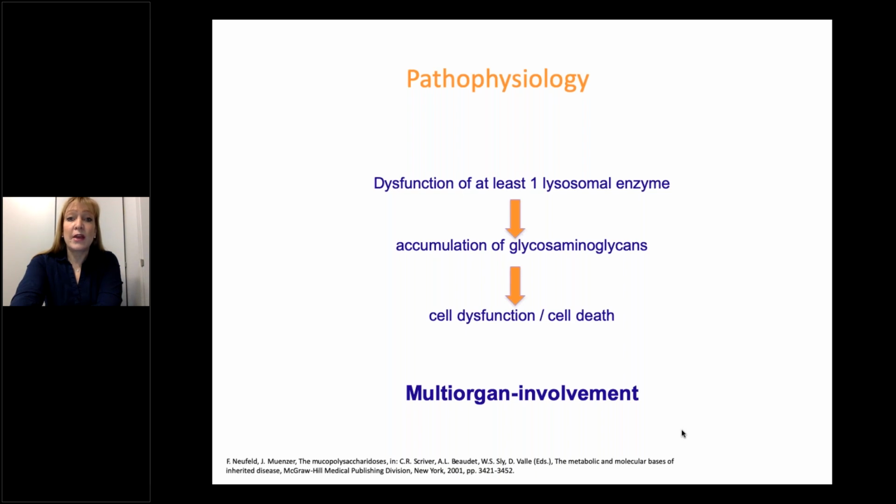And since we have glycosaminoglycans and oligosaccharides everywhere in our body, all organ systems are affected. For example, glycosaminoglycans are the main component of the extracellular matrix in the body.